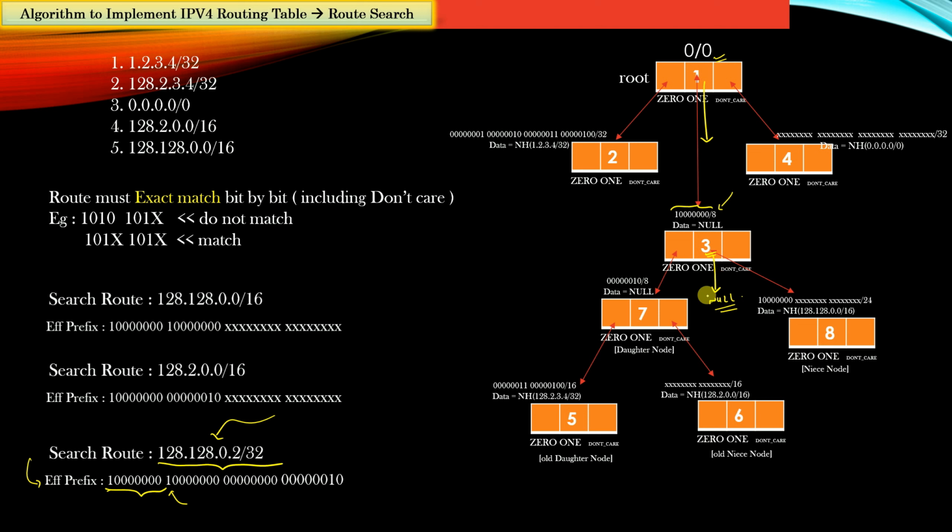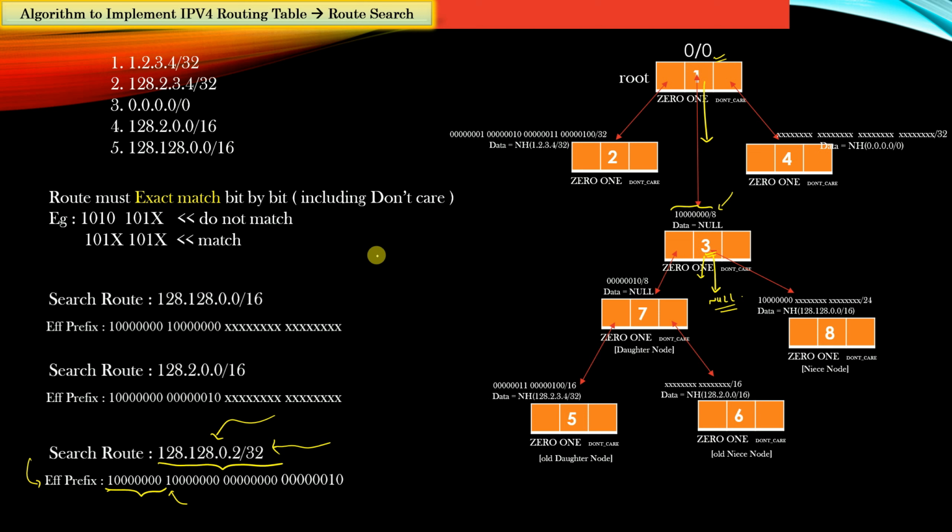Alright? Here I cannot descend down the mtrie data structure further because the 1th child of node 3 is null and I cannot reach the leaf node of the mtrie data structure. Alright, so it means that this particular route is not present in this mtrie data structure, as simple as that.